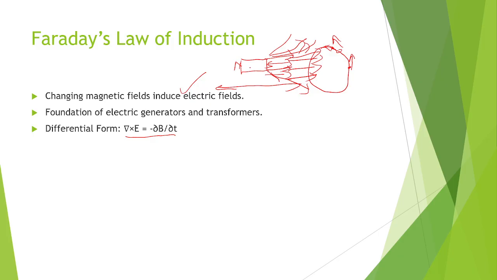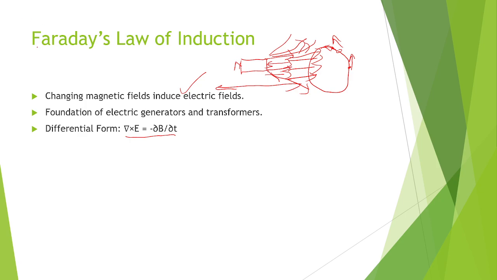So if you move back and forth, the magnetic lines passing through this closed loop change, and that will cause the electrons in this coil to move. That is called Faraday's law of induction. And vice versa, if you move the coil back and forth, that will also work.